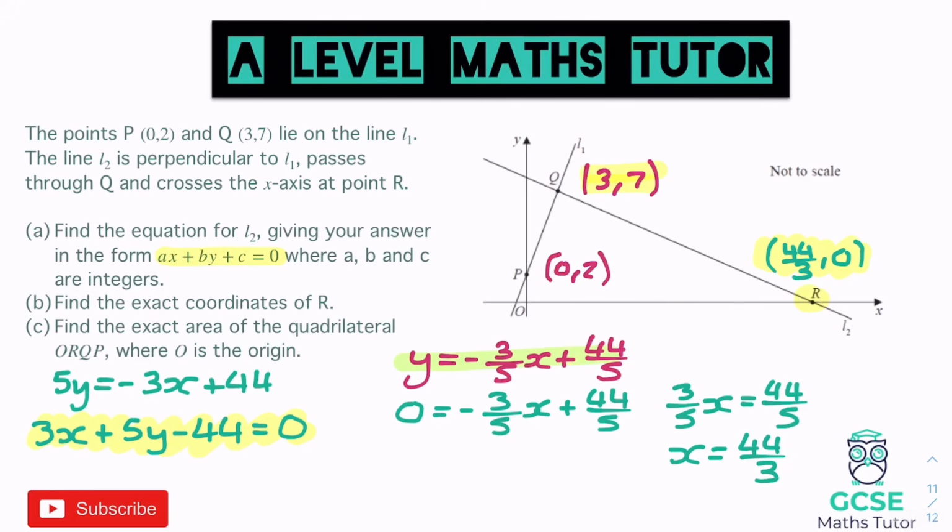Okay, so moving on to part C, it says find the exact area of the quadrilateral ORQP where O is the origin. So let's have a look. ORQP goes O to R to Q to P and then back down to O. So we've got that quadrilateral there.